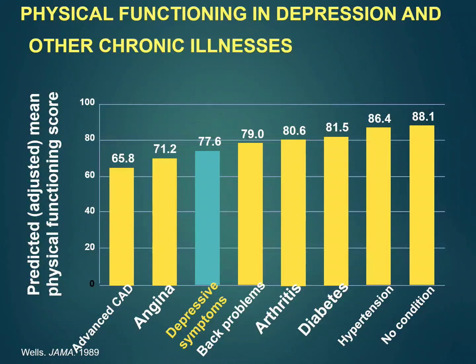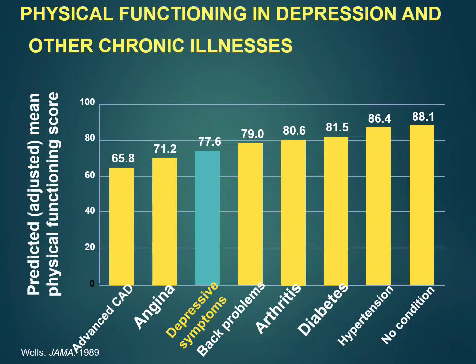Now, this is about physical functioning in depression and other chronic illnesses. It's the predicted or adjusted mean score of physical functioning. In advanced coronary artery disease, 65.8% are functioning. With angina, 71.2% are functioning.